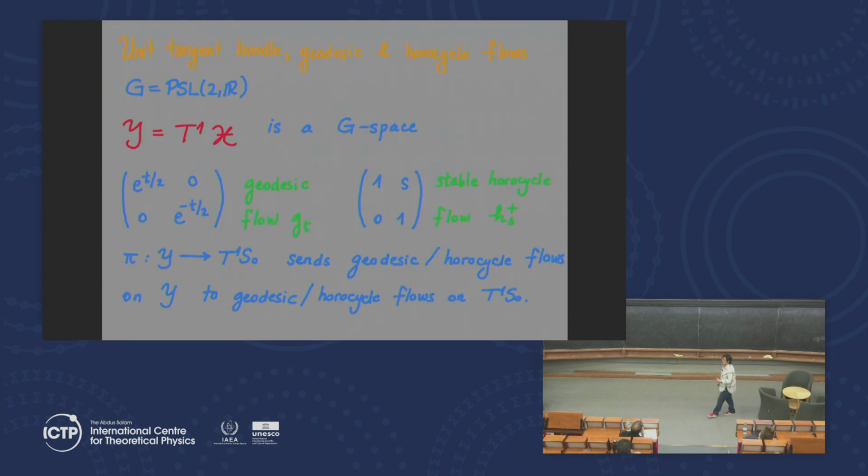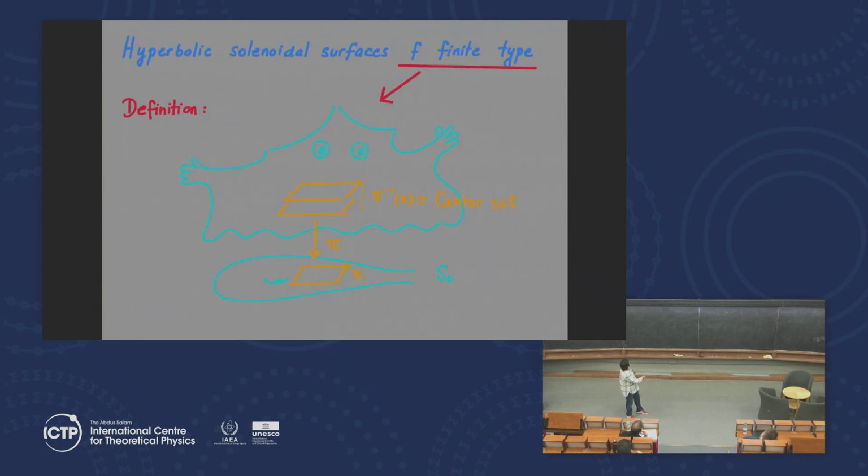And then, if G is PSL2R, the unit tangent bundle to this space is simply defined by taking unit tangent vectors along the only direction which is differentiable.